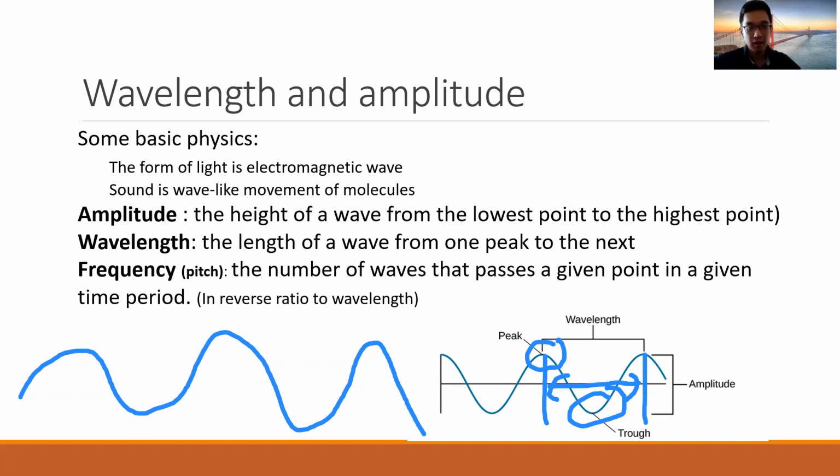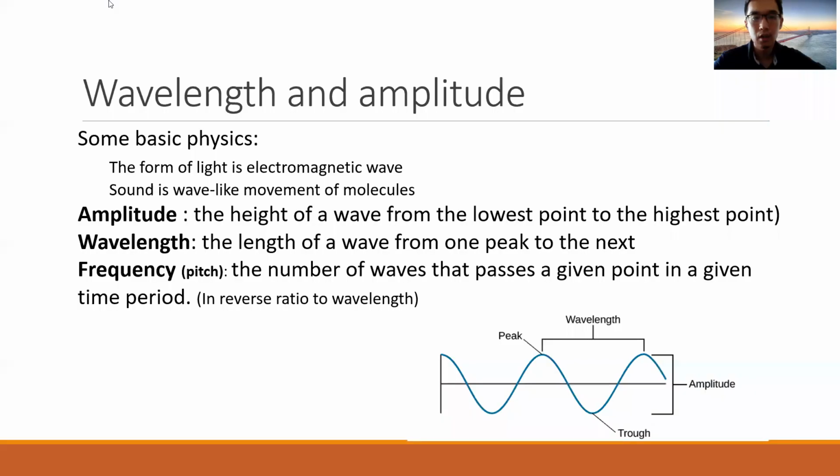The pitch of the sound is the frequency of the sound. Some sound is very high and some sound is very low. So you can tell there are different pitches of the sounds. Like in music, there is do, re, mi, fa, sol, la, ti, do, right?